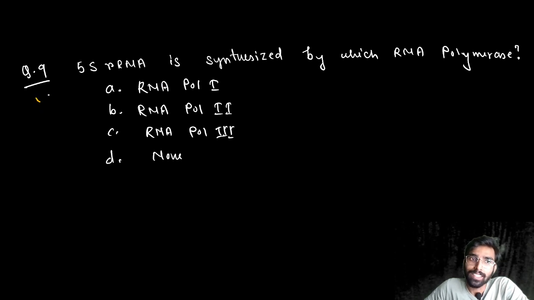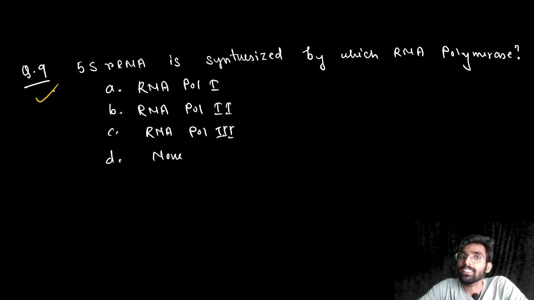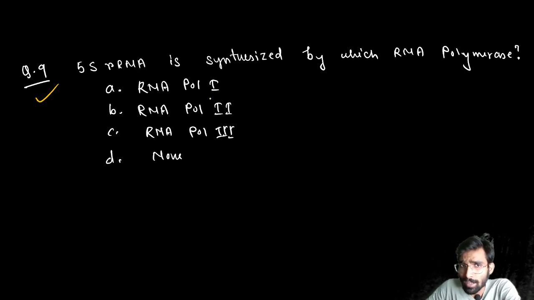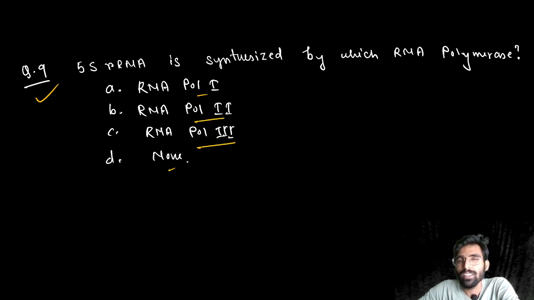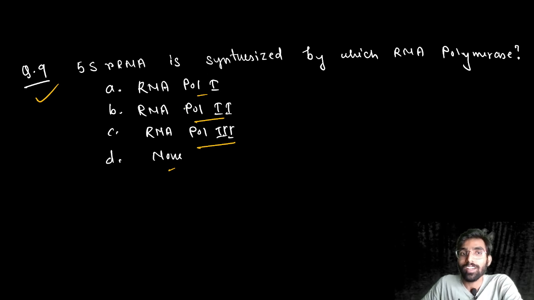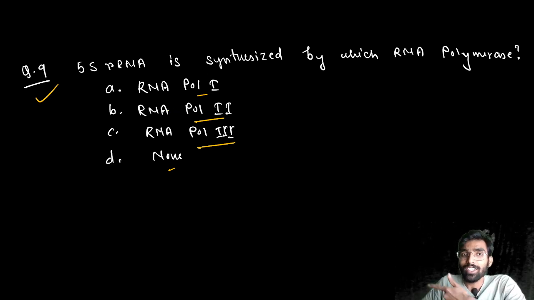Question number 9. 5S RNA is synthesized by which of the RNA polymerases? RNA pol 1, RNA pol 2, RNA pol 3, or none? Let's try. So the 5S RNA is synthesized by which of the following RNA polymerases? Pol 1, pol 2, pol 3, none.